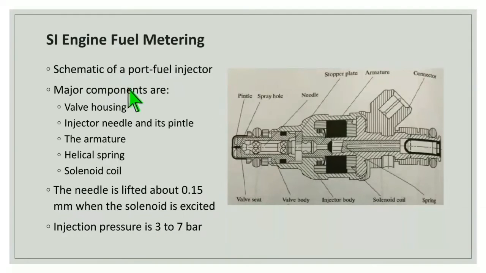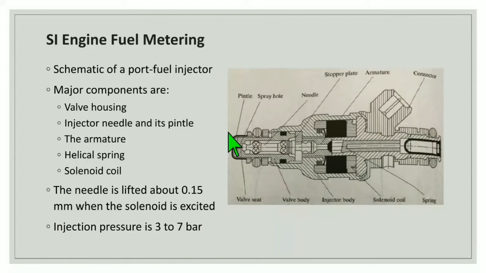Schematic of a port fuel injector. Major components are the valve housing, injector needle and its pintle, the armature, helical spring, and solenoid coil. The needle is lifted about 0.15 mm when the solenoid is excited. And injection pressure is 3 to 7 bar.